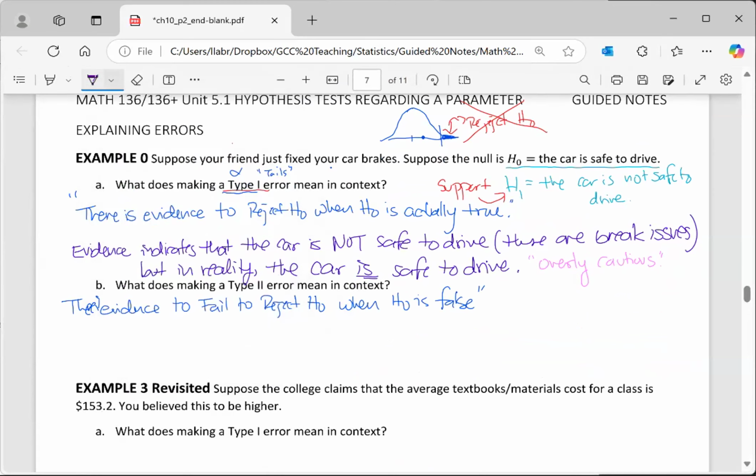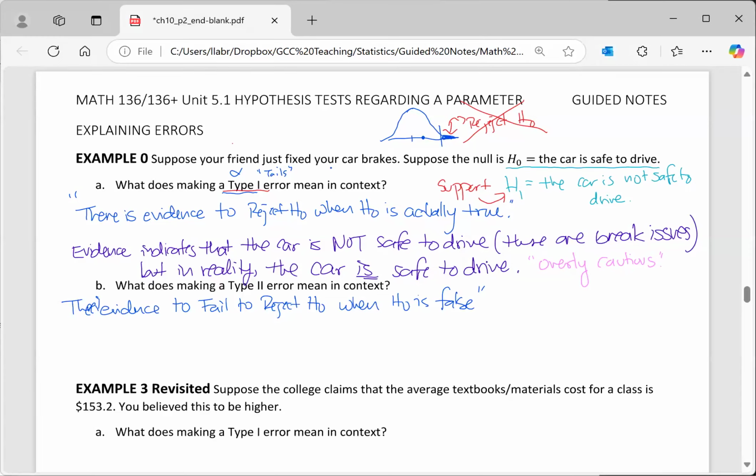We'll do it in purple. So we're going to say evidence. So again, we're failing to reject the null. So if we fail to reject the null, that means that all of the evidence indicates that the car is safe to drive. Right? So we fail to reject the null, but in reality, H0 is false. The car is not safe to drive.